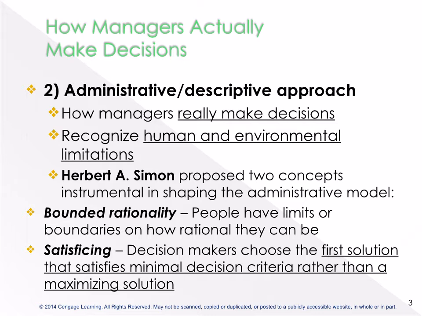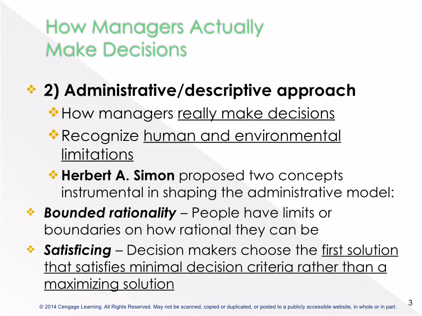Rational procedures are not always used, and when they are, they are confined to a simplistic view of the problem that does not capture the complexity of the real events. Another aspect of the administrative approach is that managers' searches for alternatives are limited because of human, information, and resource constraints.